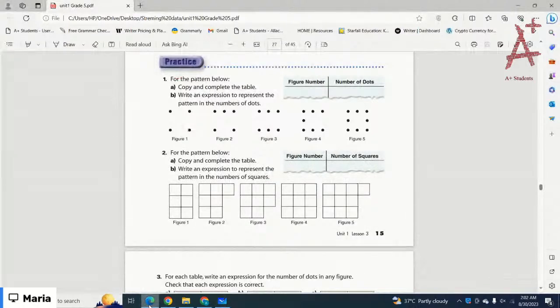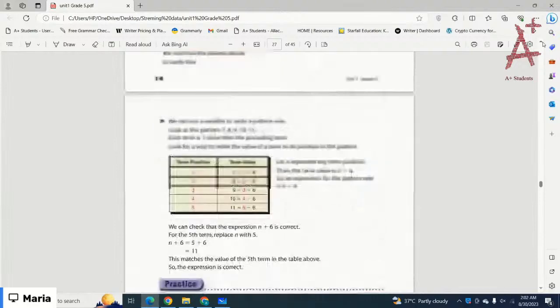Write an expression to represent the pattern in the number of dots. Now you have to write down the pattern, right?